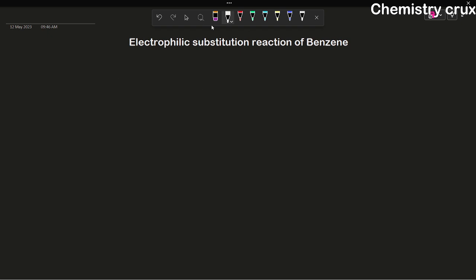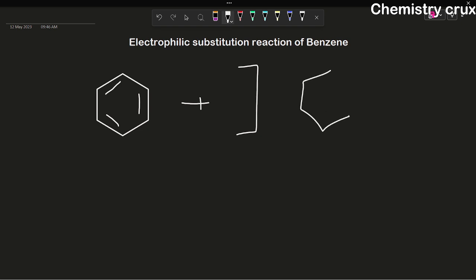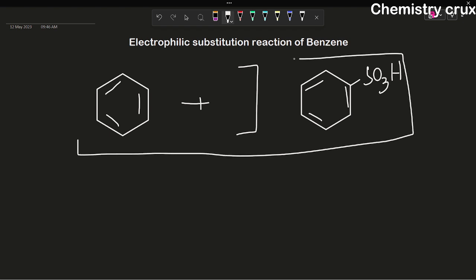For example, if I ask you to propose a reaction mechanism for sulfonation of benzene, you will be able to work on this reaction on your own and get this as the product. So what is that general underlying mechanism we'll be dealing with in this video.